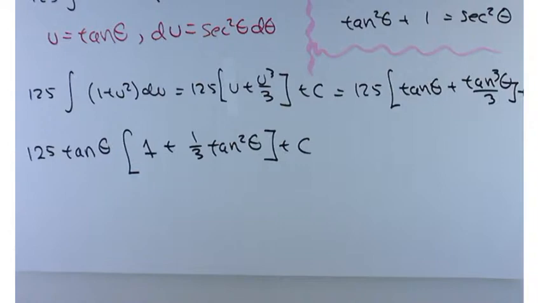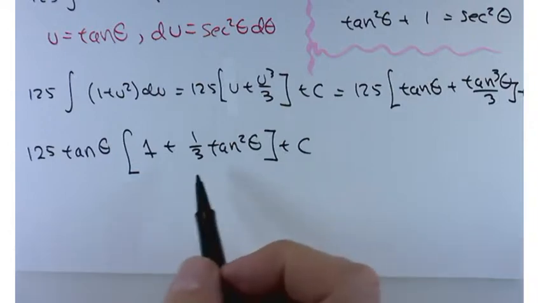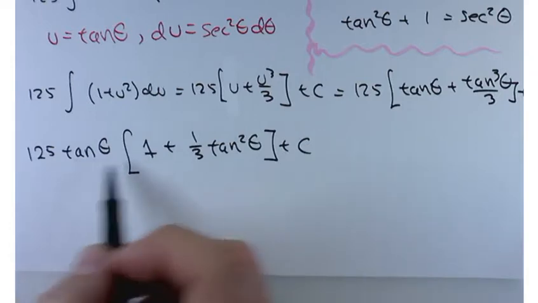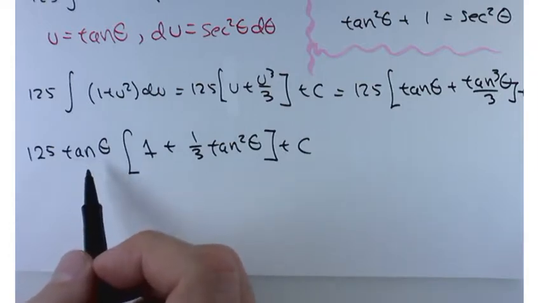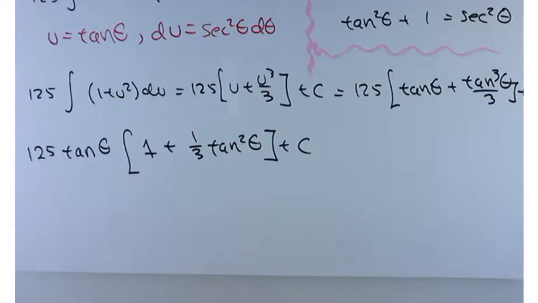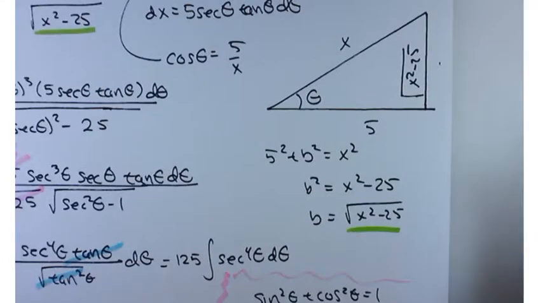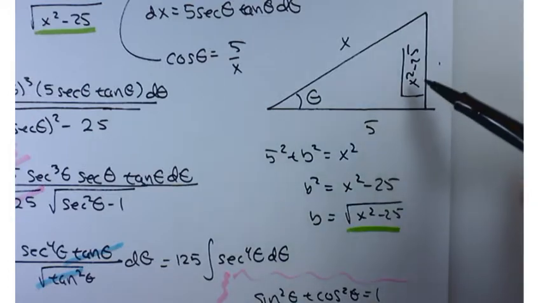Well, I need to figure out what tangent of theta is. To figure that out, we've got to go all the way back to the beginning. Parth, what's tangent of theta going to equal, please? Good. This over this, opposite over adjacent.